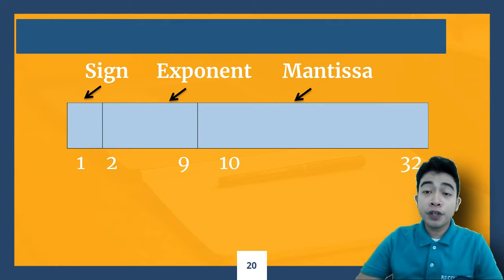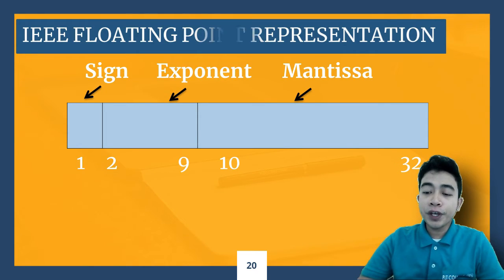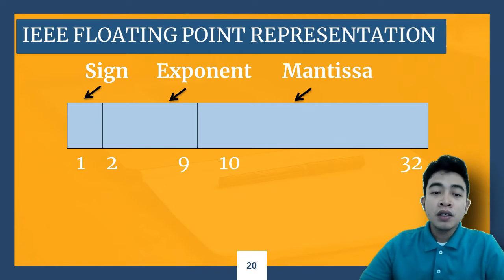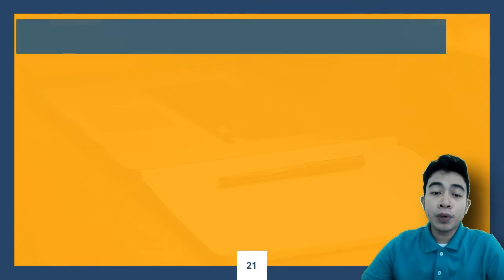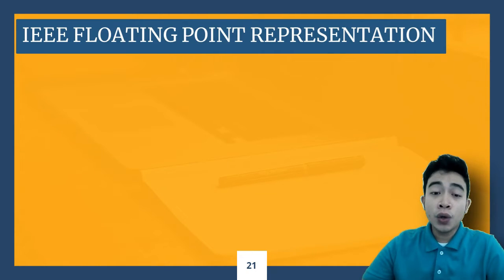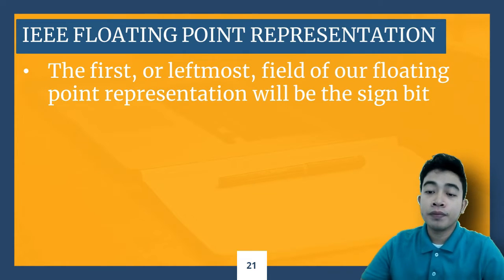IEEE floating point representation. Floating point numbers can be represented by binary codes by dividing them into three parts: the sign, the exponent, and the mantissa. The first, or leftmost, field of the floating point representation is the sign bit: 0 for a positive number and 1 for a negative number.